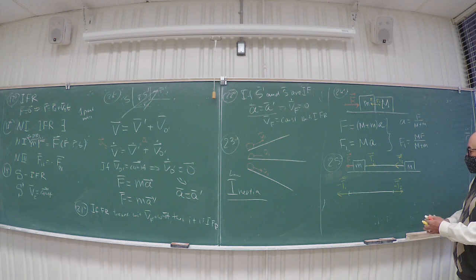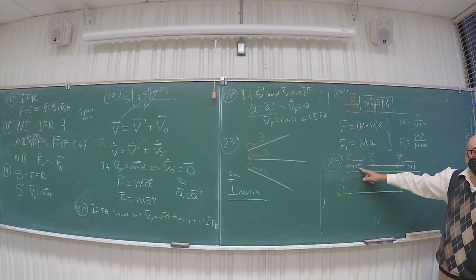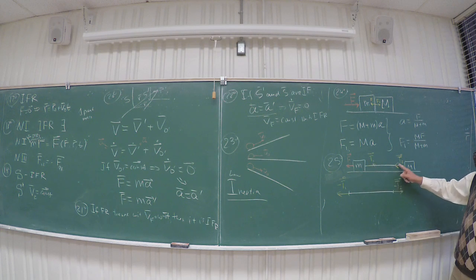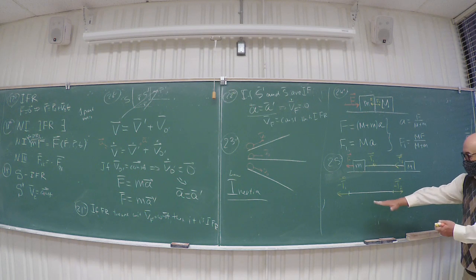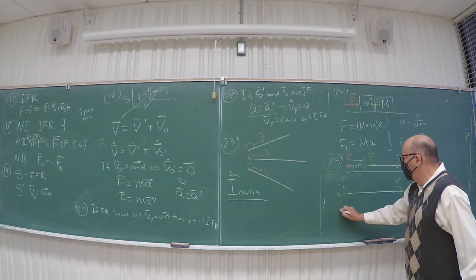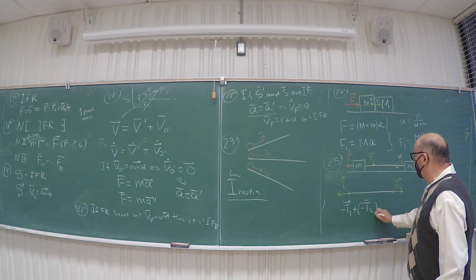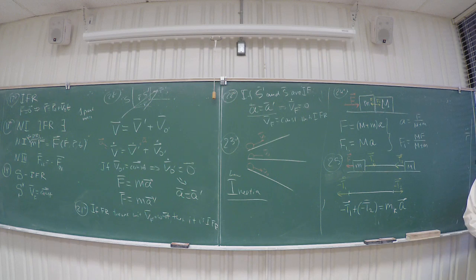And then I can write Newton's second law. Why are these 2 forces not related by the third law? Because this is rope on little m, and this is rope on big M. Newton's third law says 1 on 2 is the same as 2 on 1. And this is 1 on 2, and this is 1 on 3. So why are these forces equal? Not really. But if you write Newton's second law, then you will see that negative T1 plus negative T2 is equal to the mass of the rope times acceleration.